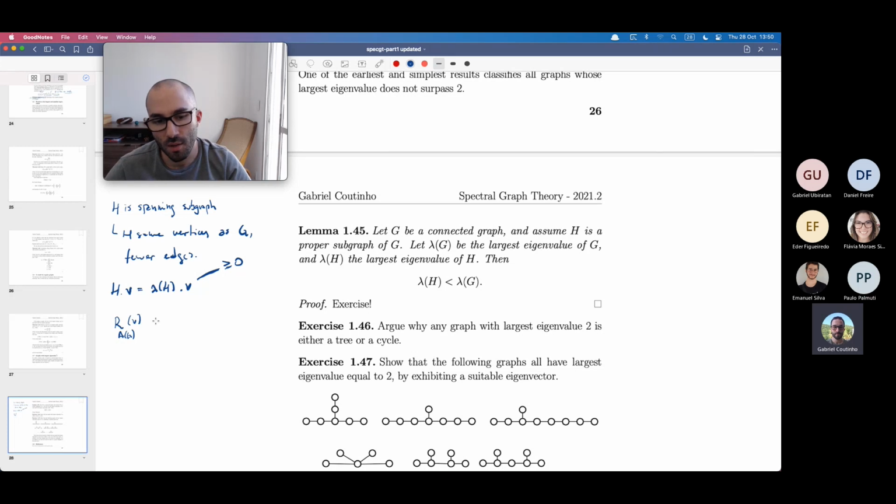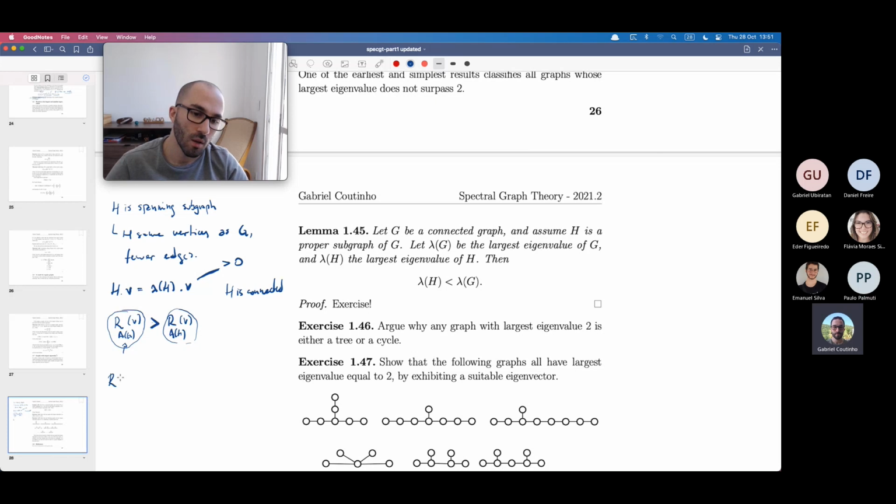Okay, and the idea here is that, for example, if H is connected, then we actually know that V is positive, and then it's not difficult for you to realize that this is strictly bigger than the Rayleigh quotient of V in the adjacency matrix of H. Because you will be summing more things here than you are here, because there are more edges in here.